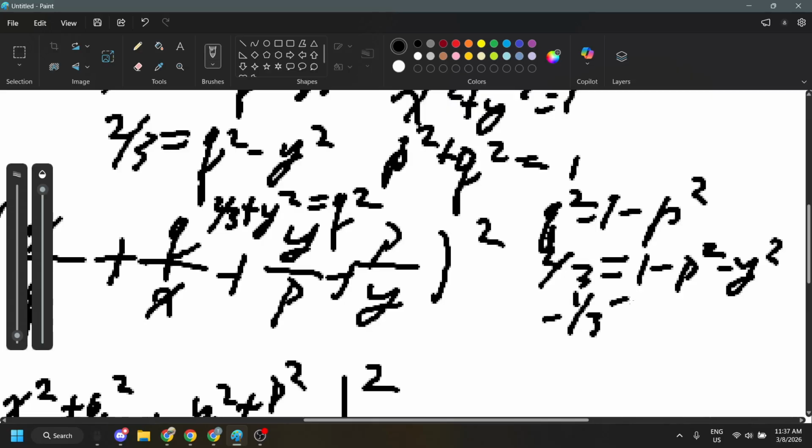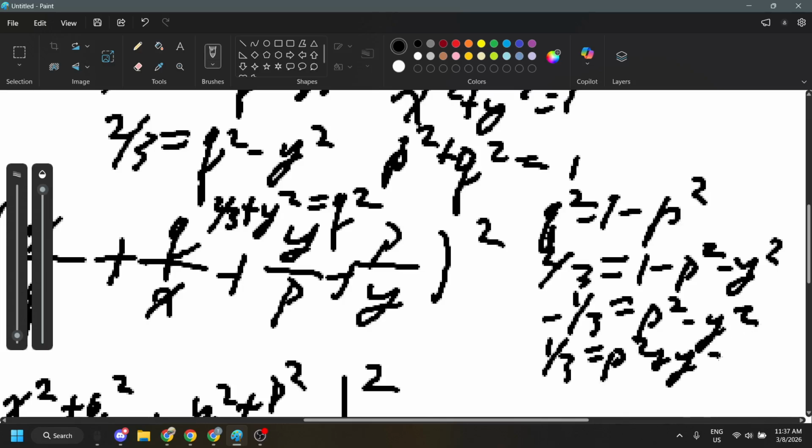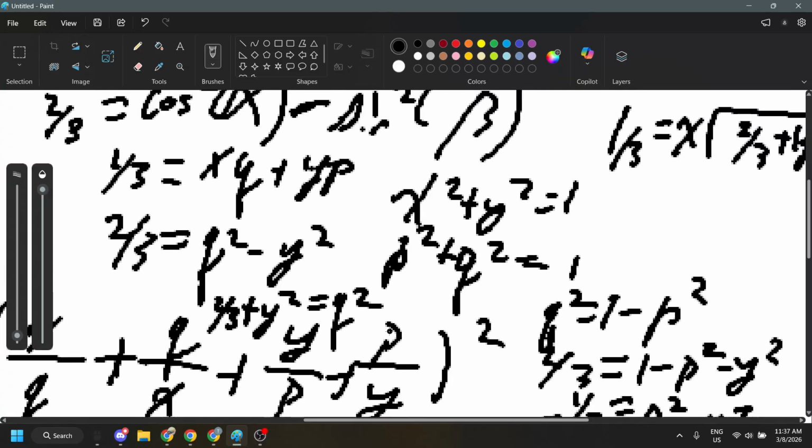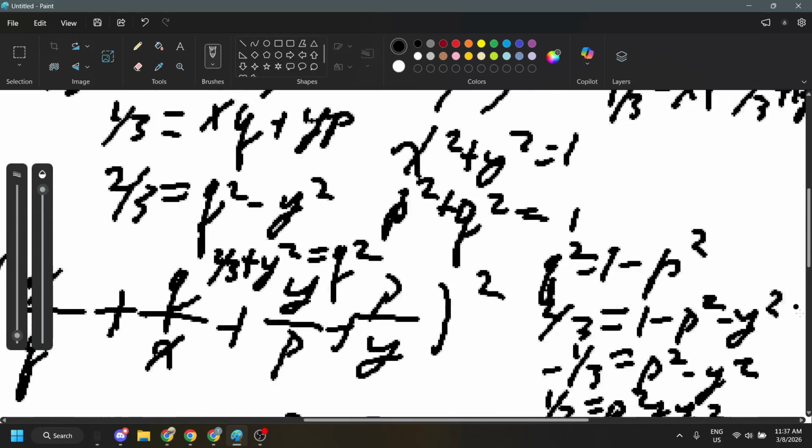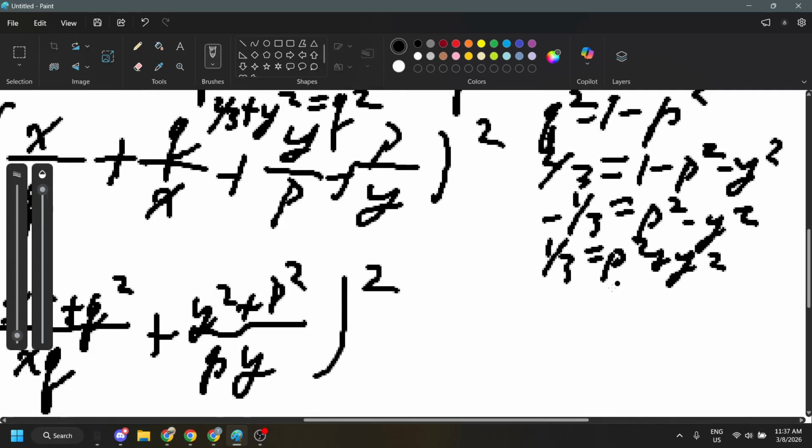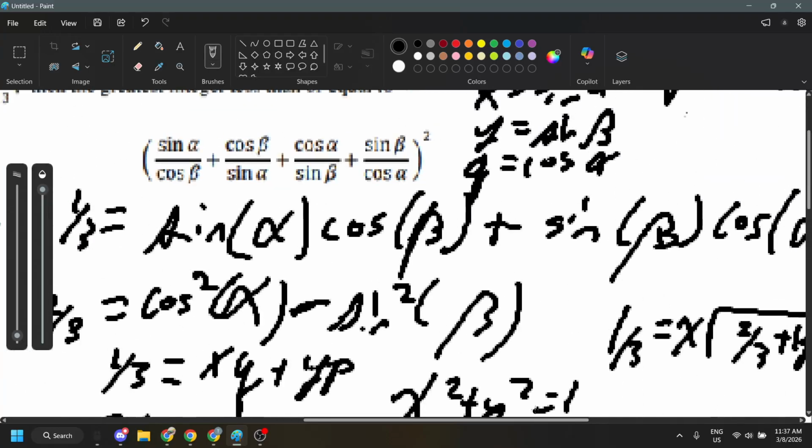So negative 1/3 is equal to p squared minus y squared. So 1/3 is equal to p squared plus y squared. Look at that, that is equal to this. Interesting.